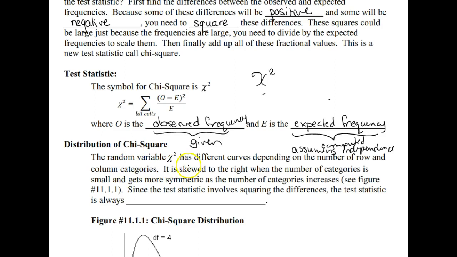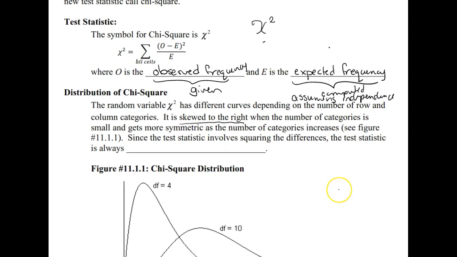The random variable chi-square has different curves depending on the number of row and column categories in the contingency table. It's skewed to the right, so it's not symmetric like the other distributions we've looked at, when the number of categories is small, and it gets more symmetric as the number of categories increases.